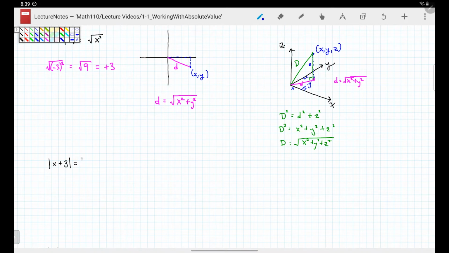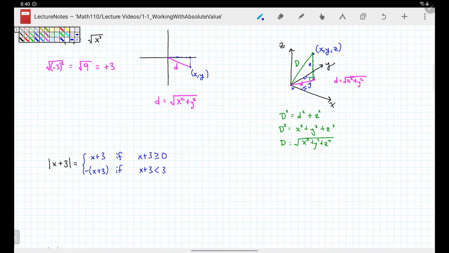So let me write that. It is going to be x plus 3 if x plus 3 is positive or equal to 0. If it's equal to 0, then both of these formulas will work. And it's the opposite of x plus 3 if x plus 3 is a negative number.